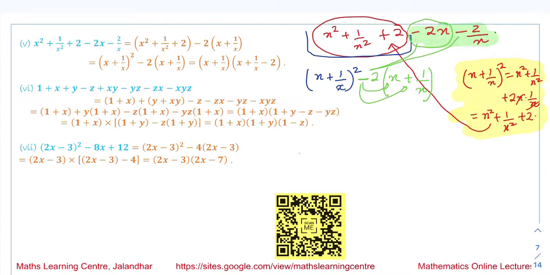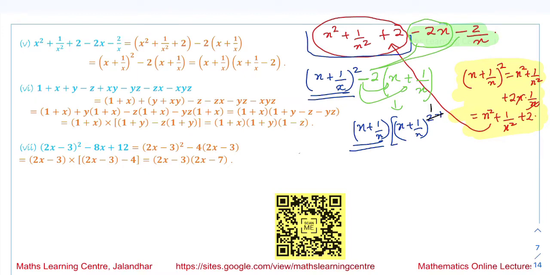So from these two terms, what we can take common is x plus 1 by x. When I take x plus 1 by x common, from the first term we are left with x plus 1 by x, because it is square over here. So this square is minus 1. We have taken this as common, so the power will reduce by 1. So this will become equal to 1.